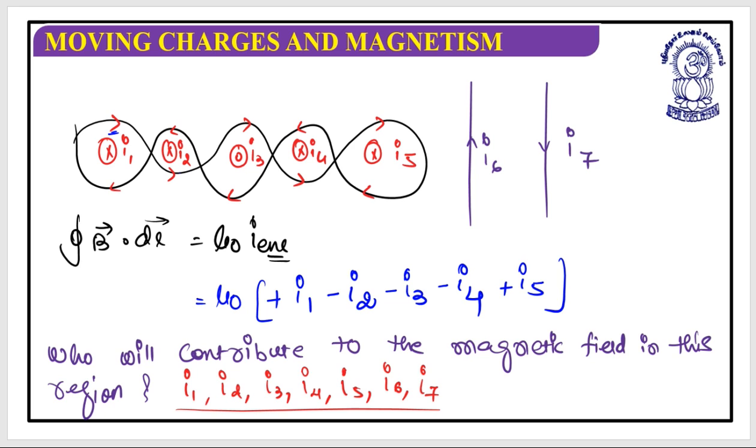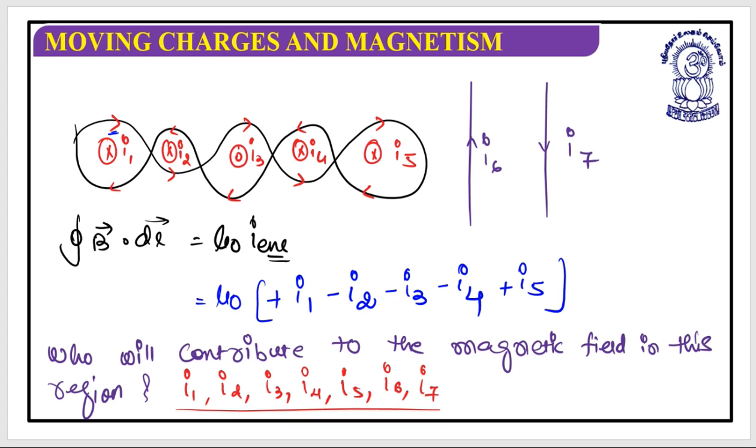All of these were there. So from I1 to I7, they are all going to contribute to develop a magnetic field in this region.